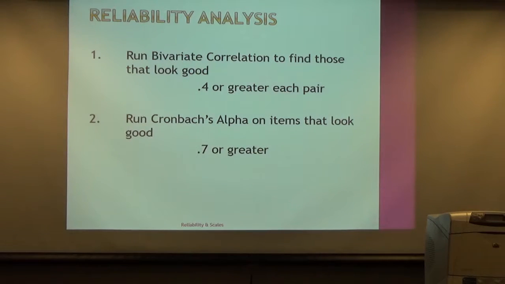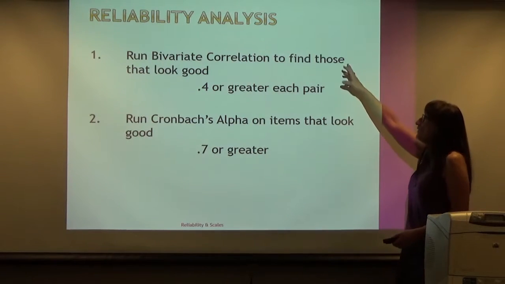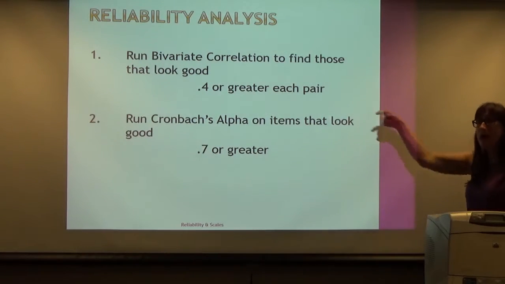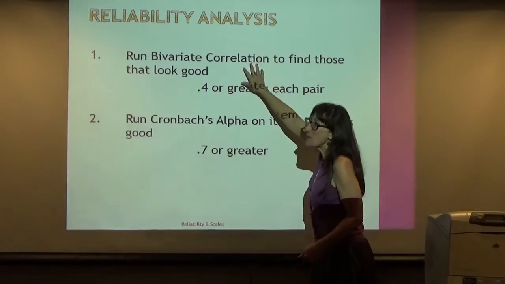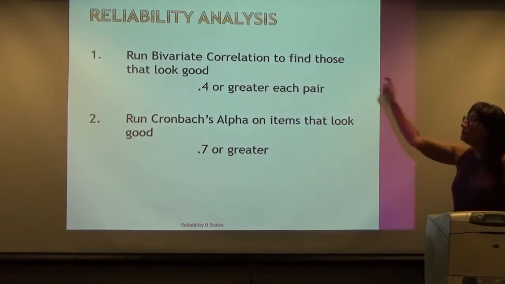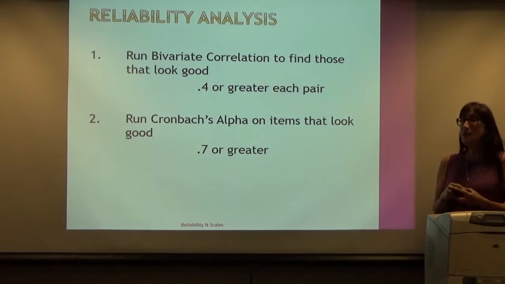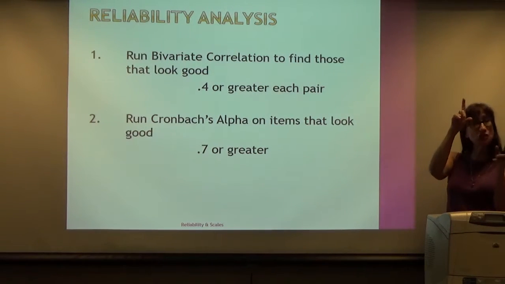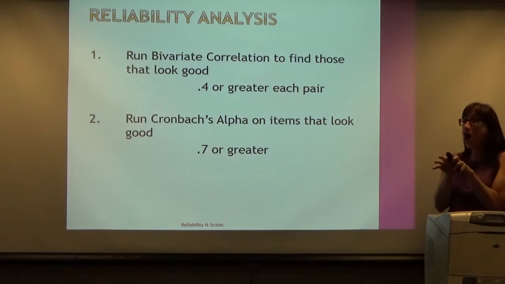All right, so the first thing we do is we run, oh, by the way, you can warm up your computers. The first thing we do is we run a reliability analysis. Okay? Or, no, the first thing we do is we run that bivariate correlation, but this is on the route. So we run the bivariate correlation on all the items. Now remember, a correlation is bivariate. It's just looking at this variable and that variable together. But you put in all the variables that you want.